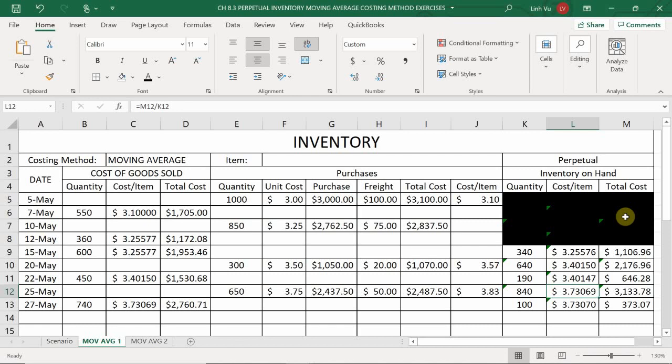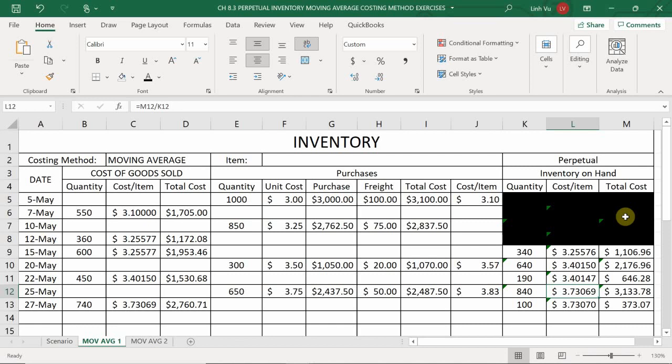The items that we purchased the second time around, or in this case the fourth time around, increased the cost per item, and the freight also increased it. Therefore my average cost is going to jump up a lot. Okay, does that make sense?